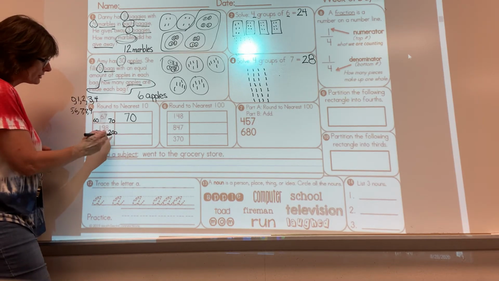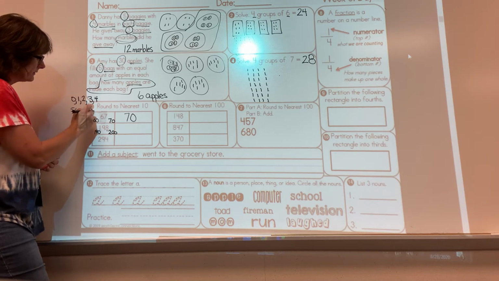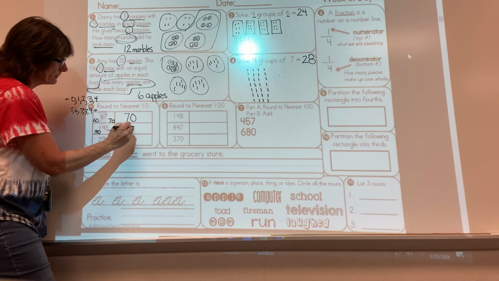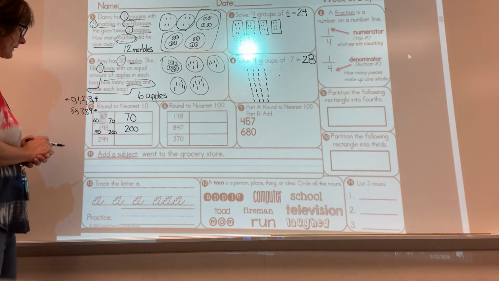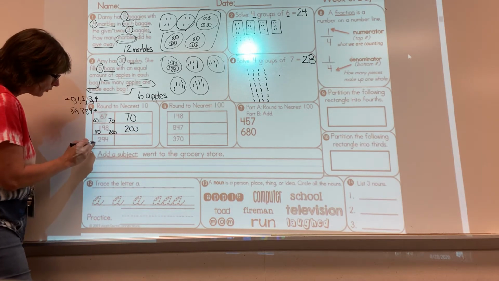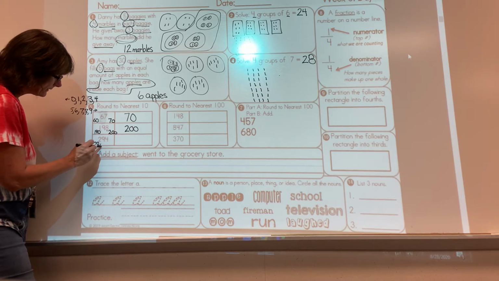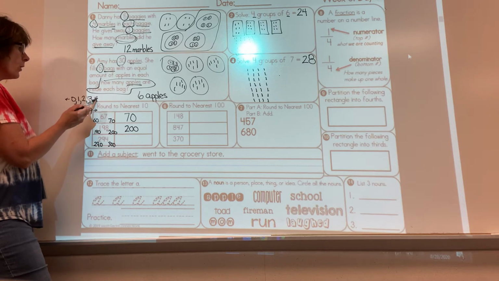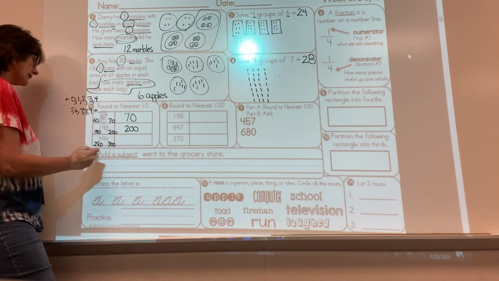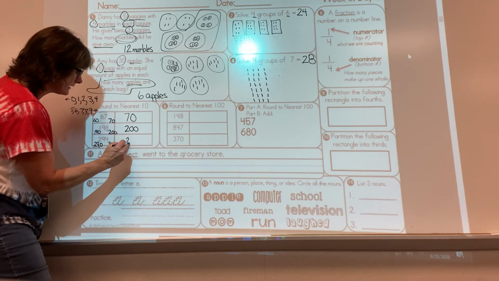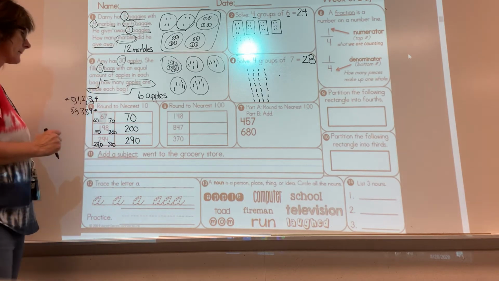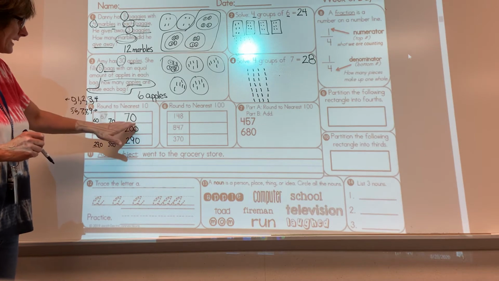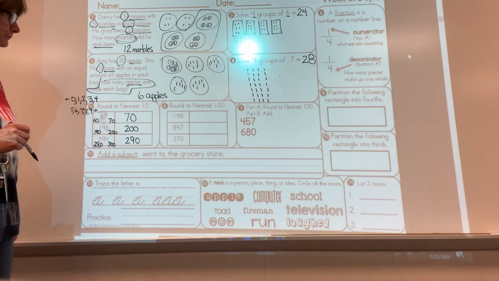And it's closest, because this is an 8, it's going to go to 200. 294 is between 290 and 300. And it's a 4, so I'm going to go this way. It's going to be closer to 290. Whenever we're rounding to the nearest 10, we're going to have a 0 in the ones place.